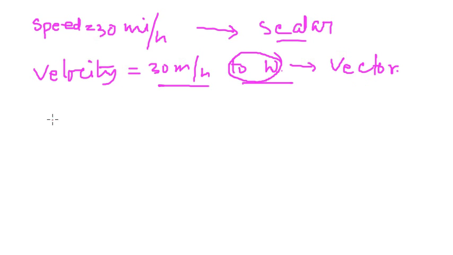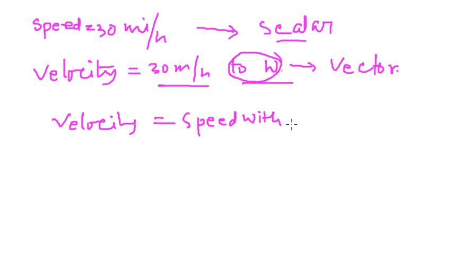So you can think of velocity as speed with direction. When we deal with more vectors, you will be clearer about them. So keep watching the next videos and have fun with physics.